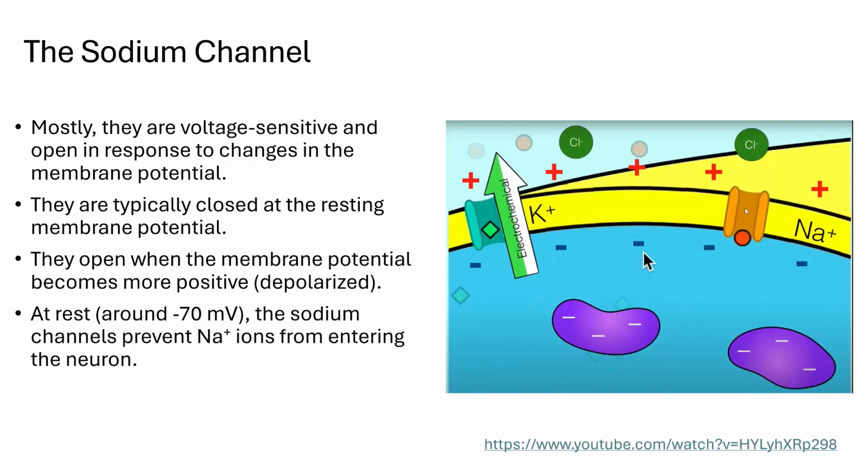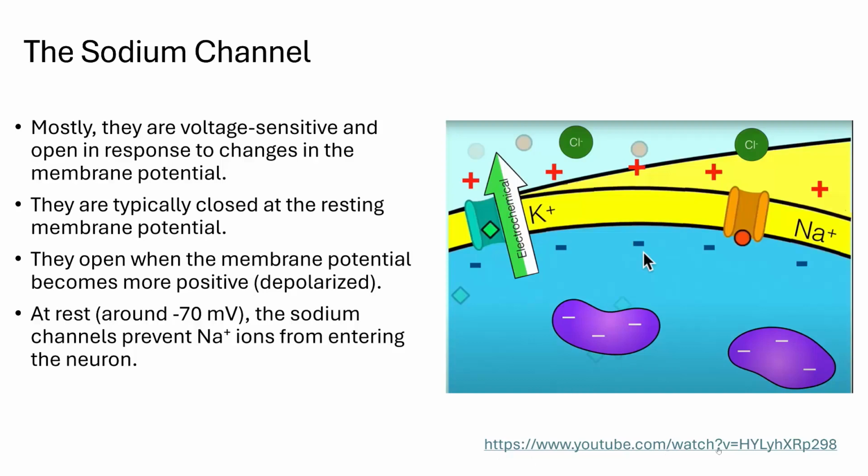The sodium channels are typically closed at the resting membrane potential. They open when the membrane potential becomes more positive, depolarized. At rest, around -70 millivolts, the sodium channels prevent sodium ions from entering the neurons.